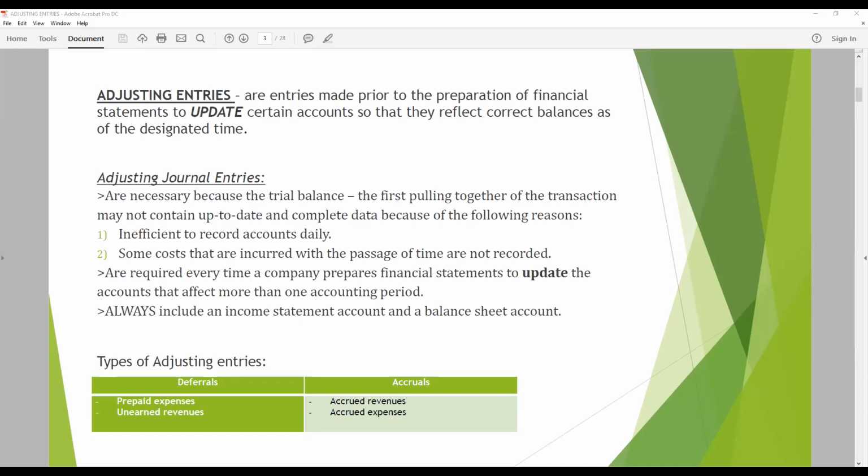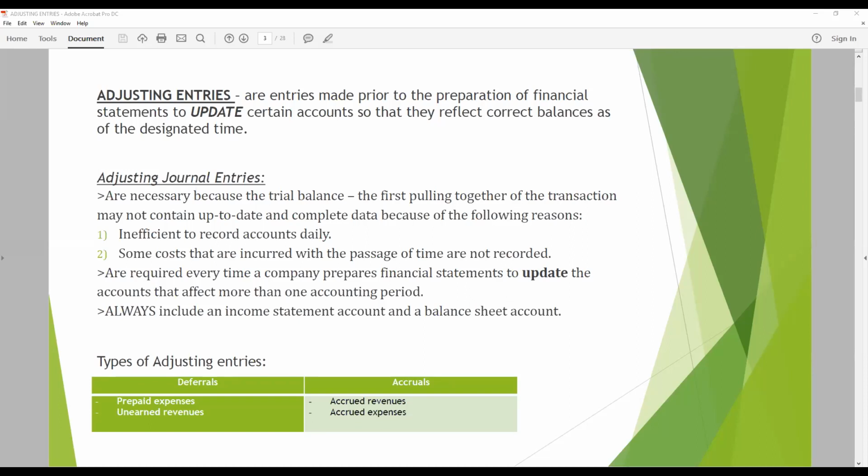So adjusting entries are necessary because the trial balance, the first pulling together of the transactions, may not contain up-to-date and complete data because of the following reasons. Inefficient to record accounts daily, and some costs that are incurred with the passage of time are not recorded. So yun na.